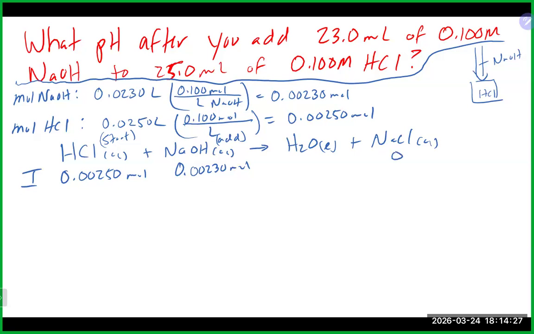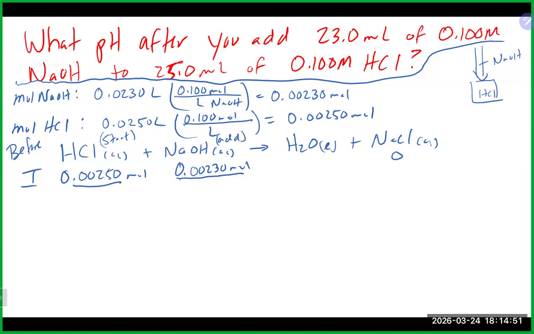Am I before the equivalence point? Am I at the equivalence point? Am I after the equivalence point? Where am I at? I am before the equivalence point. I know that because what I'm adding is less moles than what I started with. So again, you can use your ice table if you're not sure where you're at in the titration to figure that out.